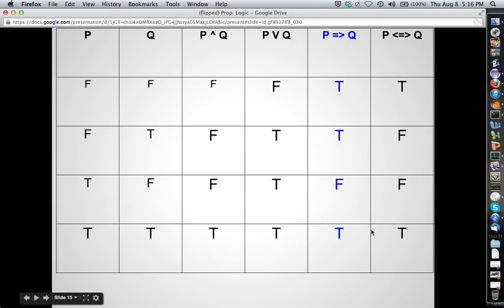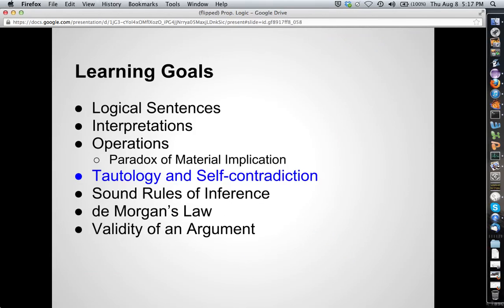Obviously, if they're both true, it's going to be true. And as soon as we see that P is false, then the entire thing just by default is true. And that's because of the way material implication works. Again, it has nothing to do with causality, and it's not the same as an if-then in computer science.